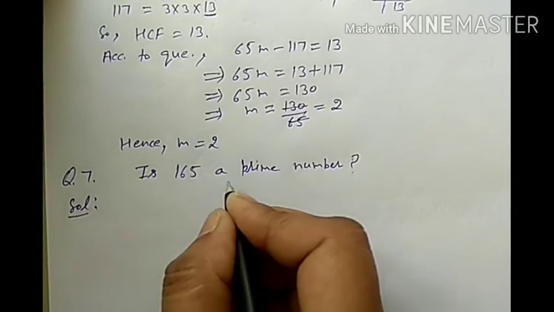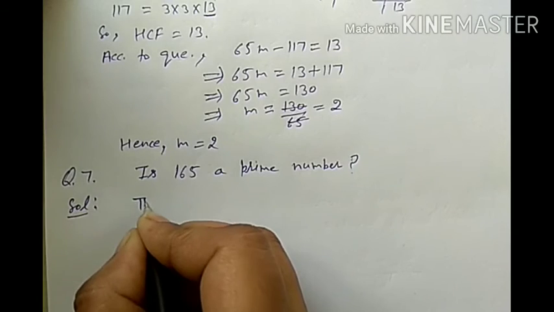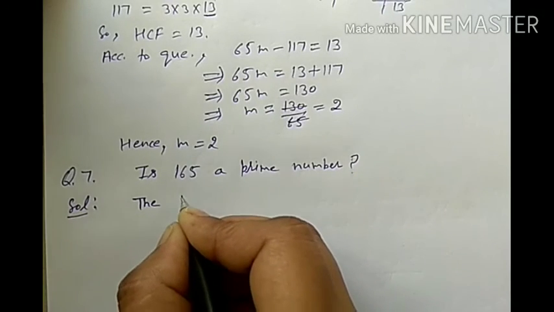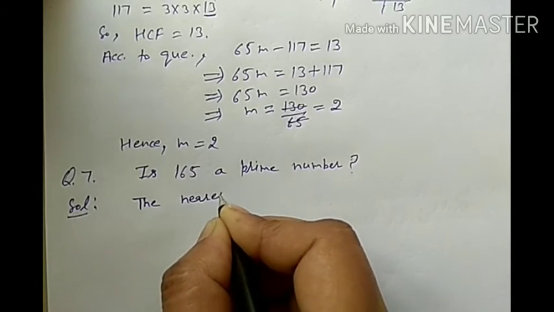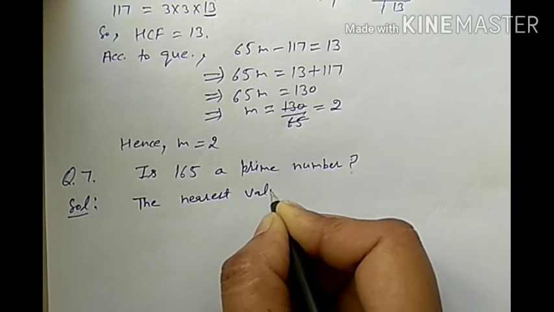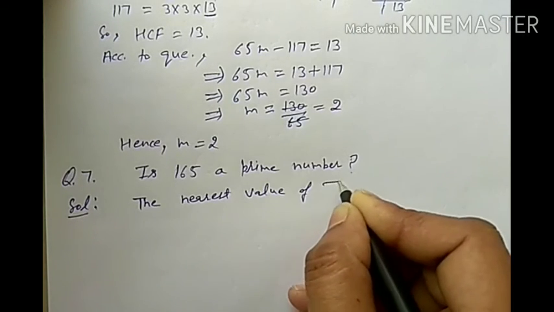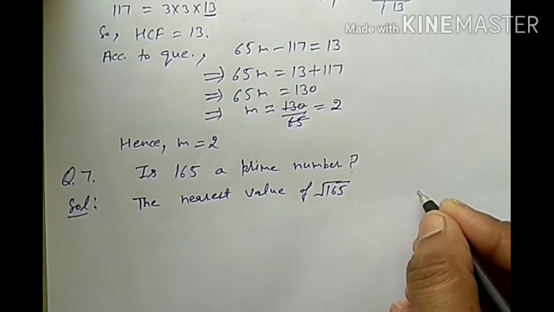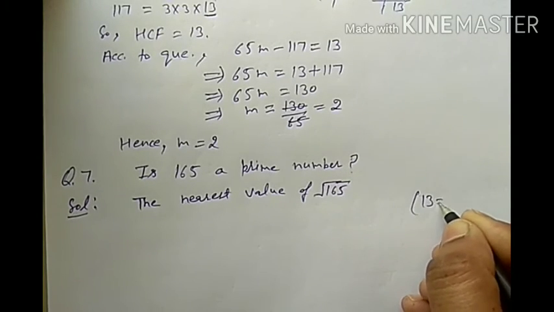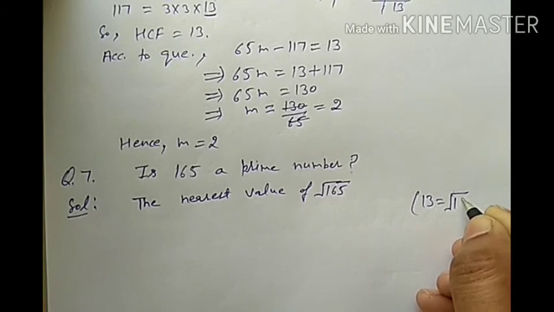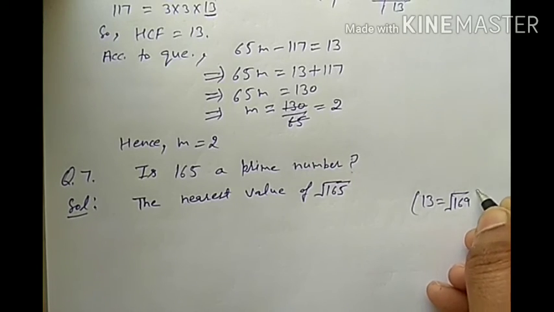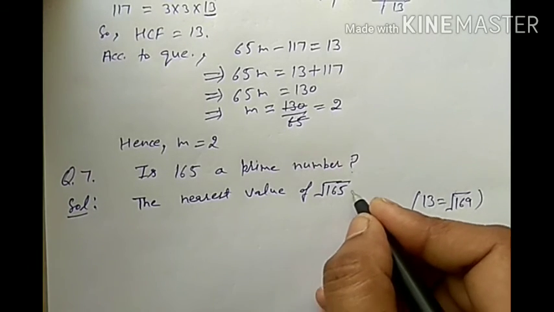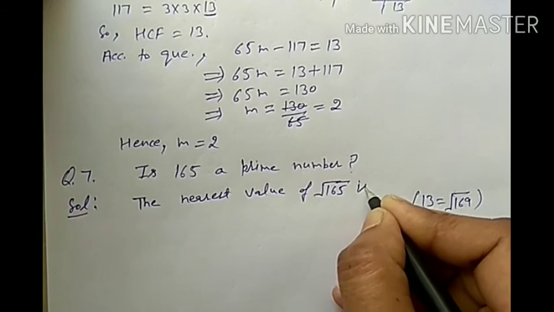So to find out a prime number or composite number, we will see the nearest value of root 165, and we know that 13 is equal to square root of 169. So the nearest value of square root 165 is 13.